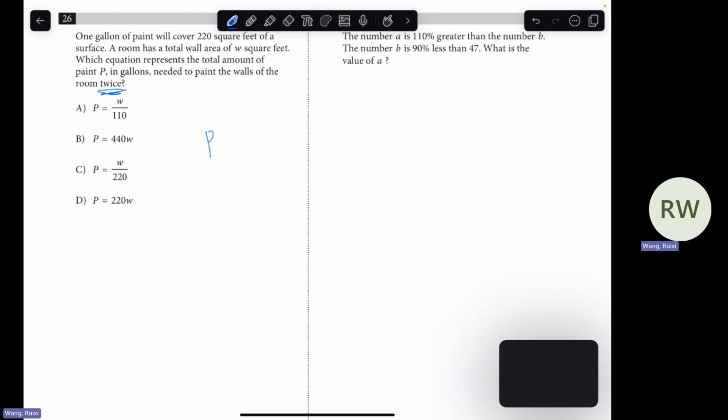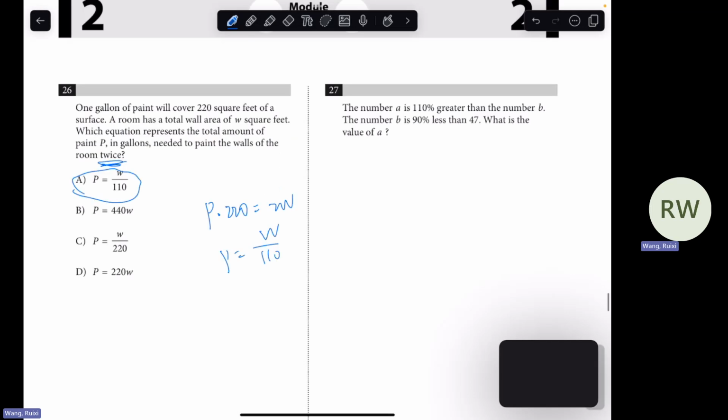P gallons will cover P times 220, and you want that equal to 2W, because you're covering that twice. So P equals W over 110. Make sure to read this very carefully so you don't make silly mistakes.